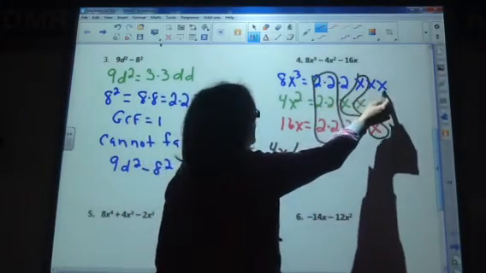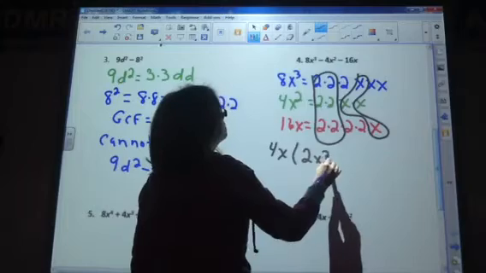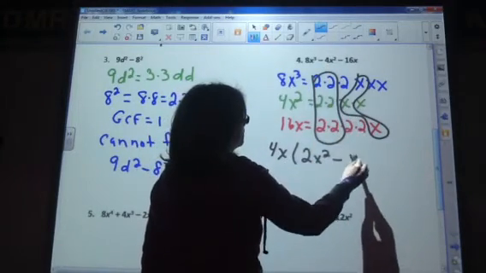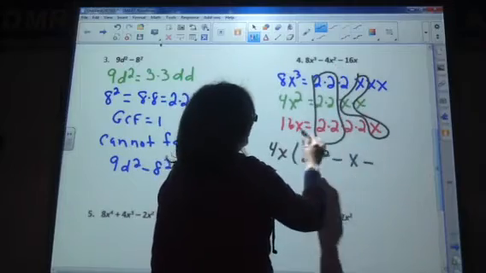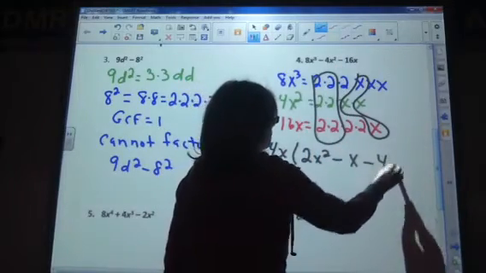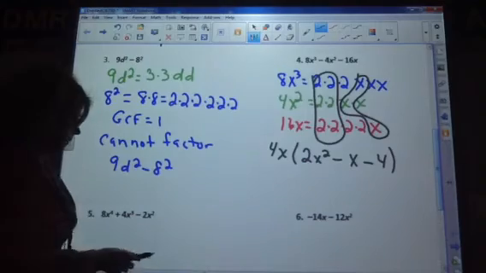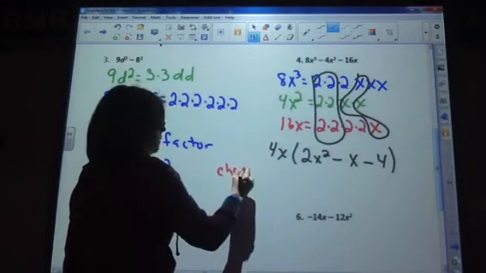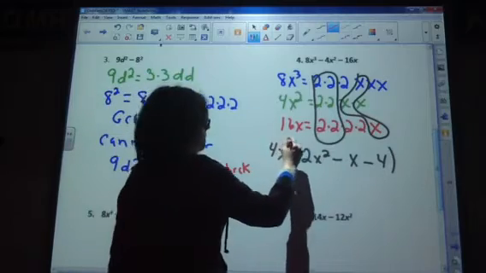We have 2x squared minus x minus 4. Okay? Now, let's check it. When you check this, you're going to distribute.